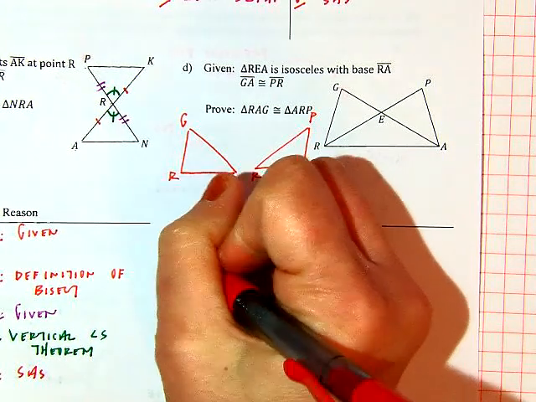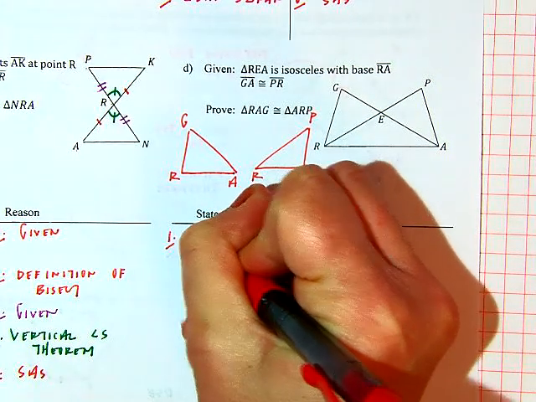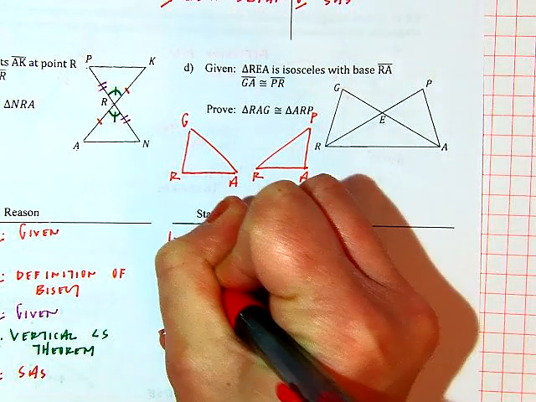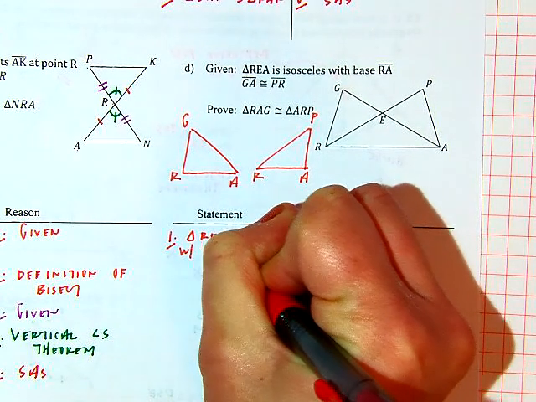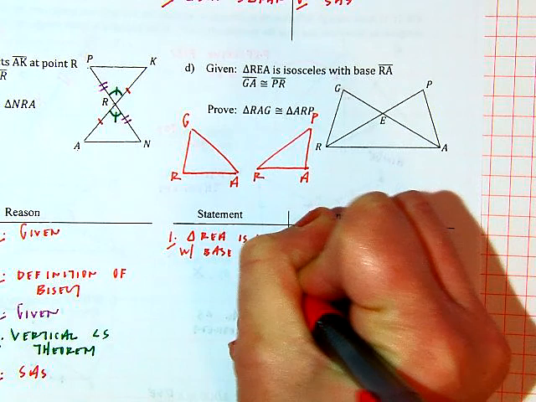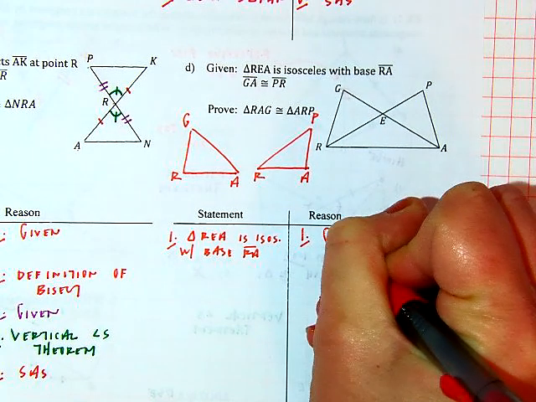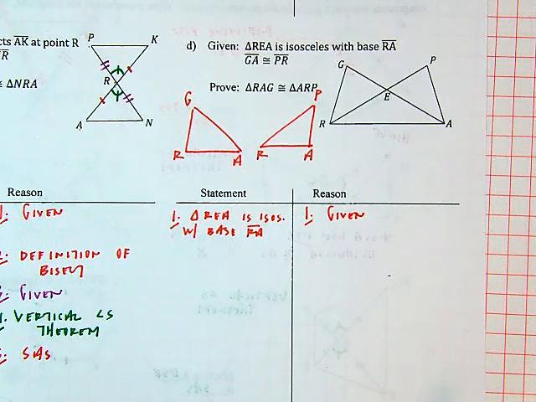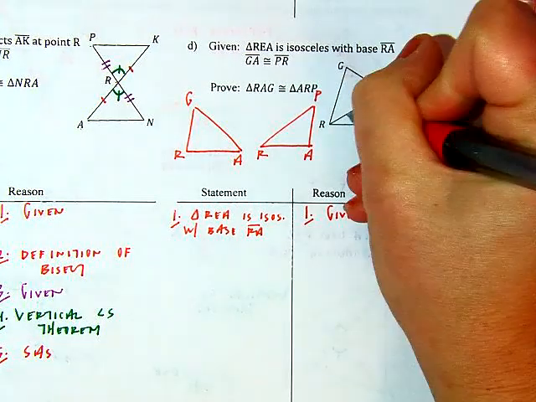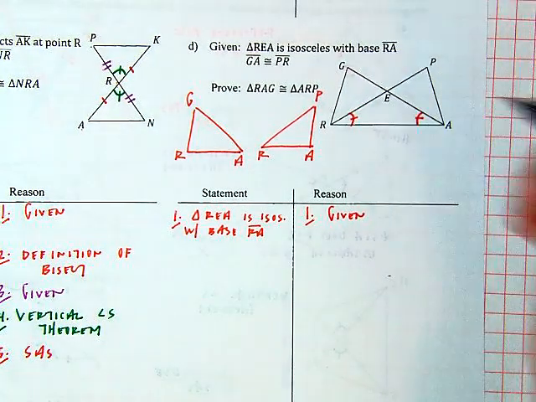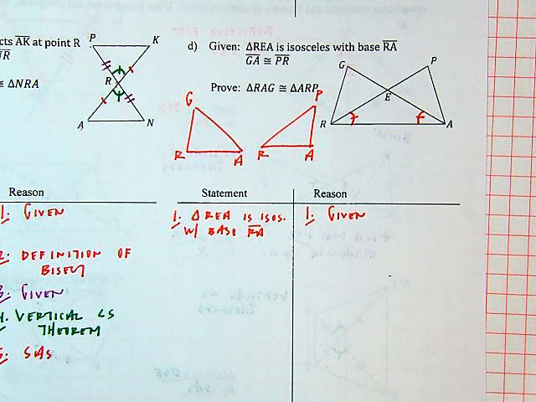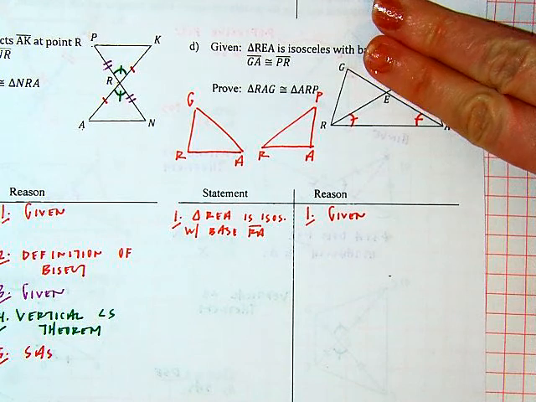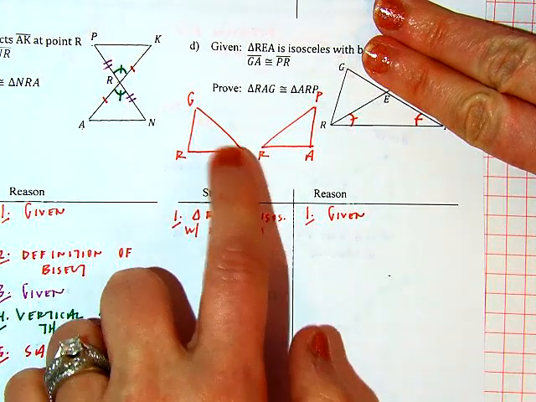So first, let me just write that first given. Triangle REA is isosceles with base RA, given. Now again, remember I'm building off of the sides or the angles, and it's the angles that are going to help me here, here, and here. So where are those two angles in my big diagram? Here and here. Well, this angle right here is this angle right here.